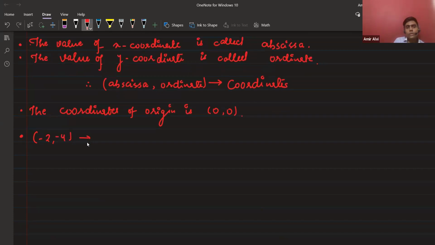What is the quadrant of this coordinate? Third. Very good. So these are the questions which will be there in the homework. No need to worry about it. Is this clear, dear? Any doubt? Sure. Okay.